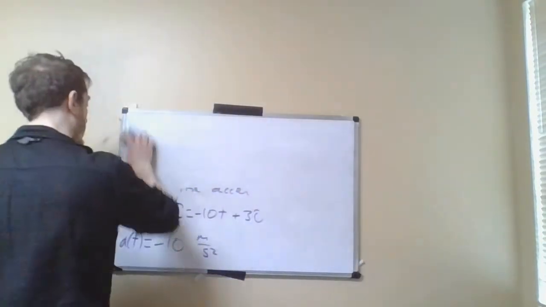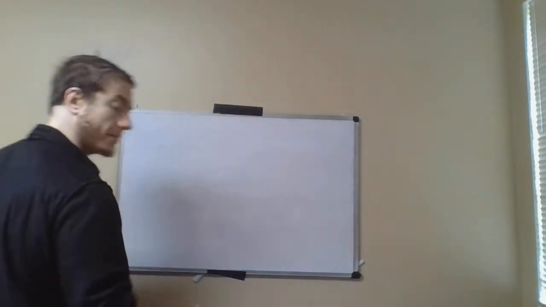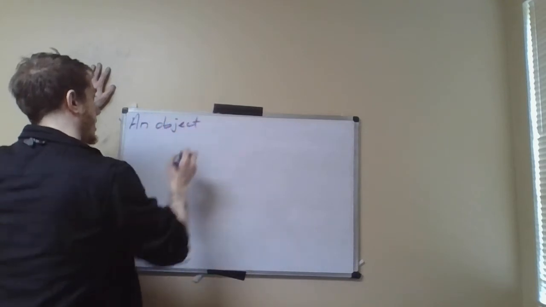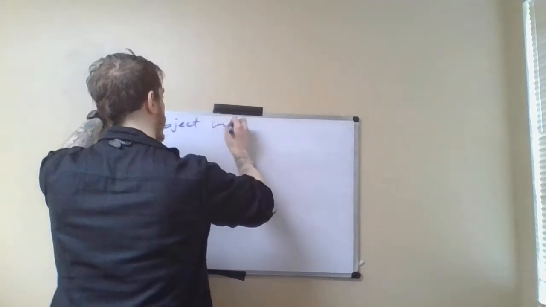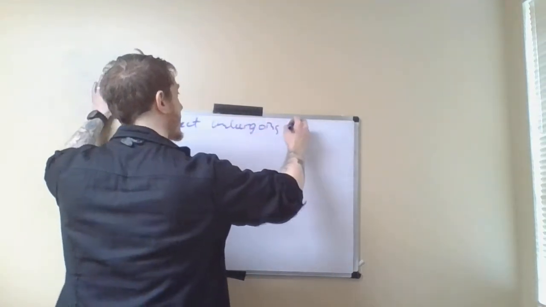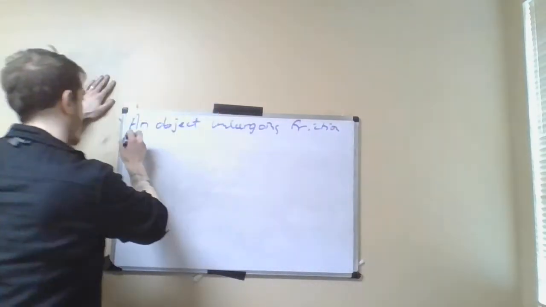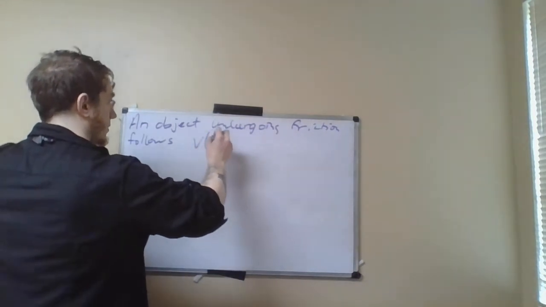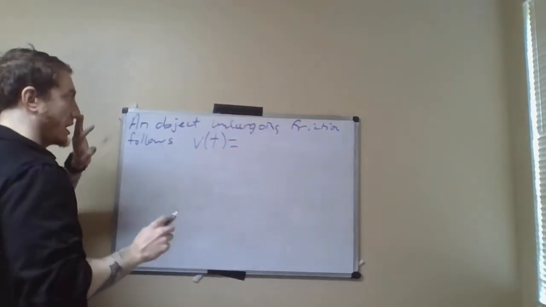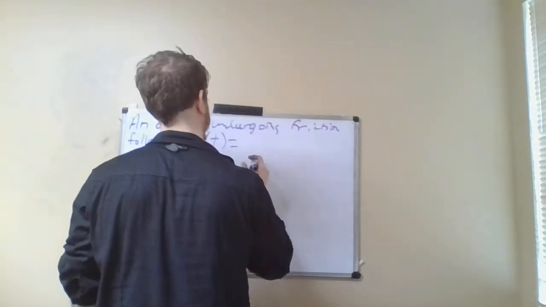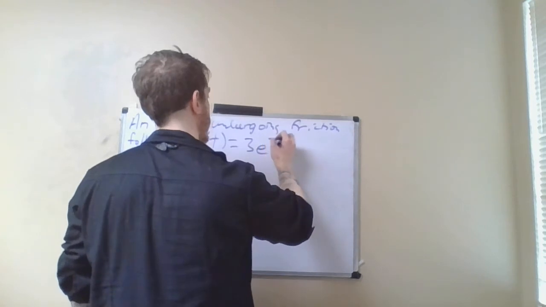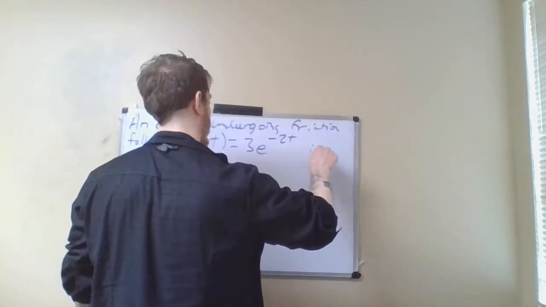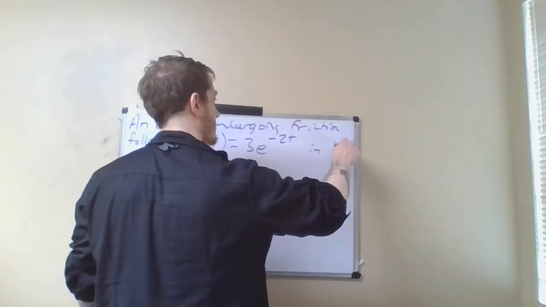Now, another example that we could ask would be, let's say that an object undergoing friction follows V of t equals, let's say, 3e to the minus 2t, in meters per second.